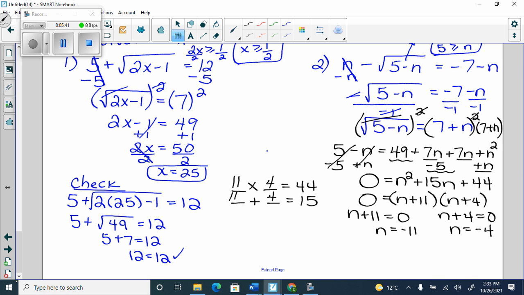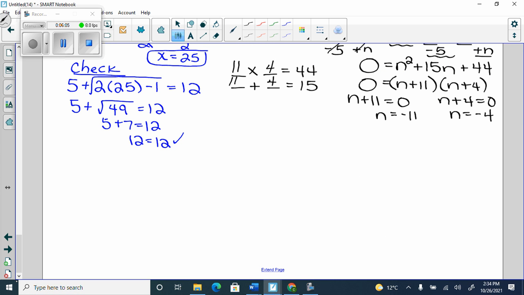I don't box them because I have to do what first? Check, check, check, check. So the original, n minus the square root of 5 minus n equals negative 7, is what I need to check it into.